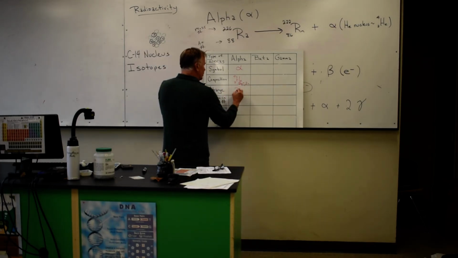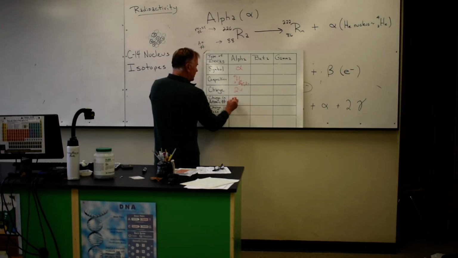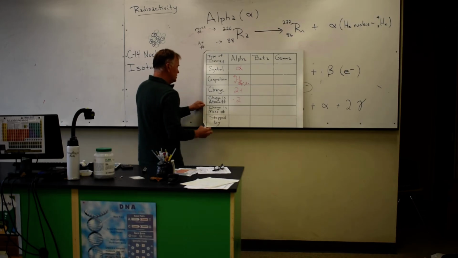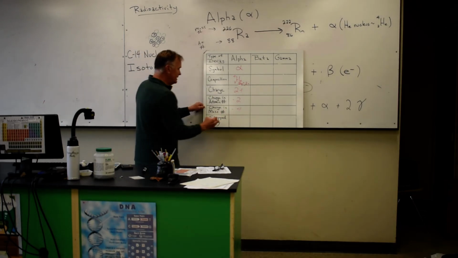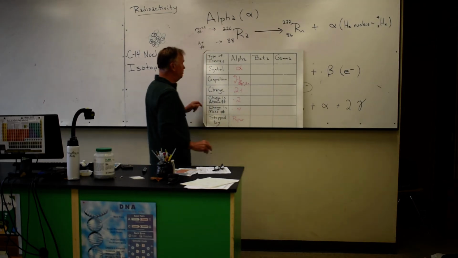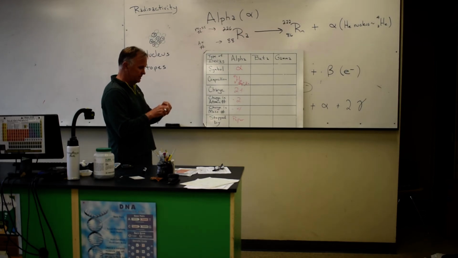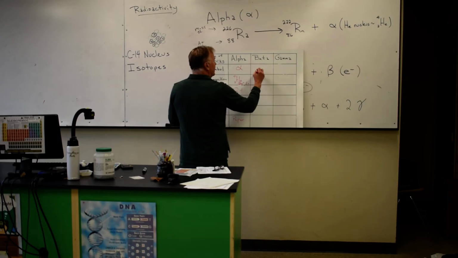Its charge is 2 plus because it's got those 2 protons. Its change in atomic number is going to go down by 2. Change in mass number is going to go down by 4. And it is stopped really easily. It can be stopped by paper. So it's the big particles. They can be blocked pretty easily by a piece of paper.